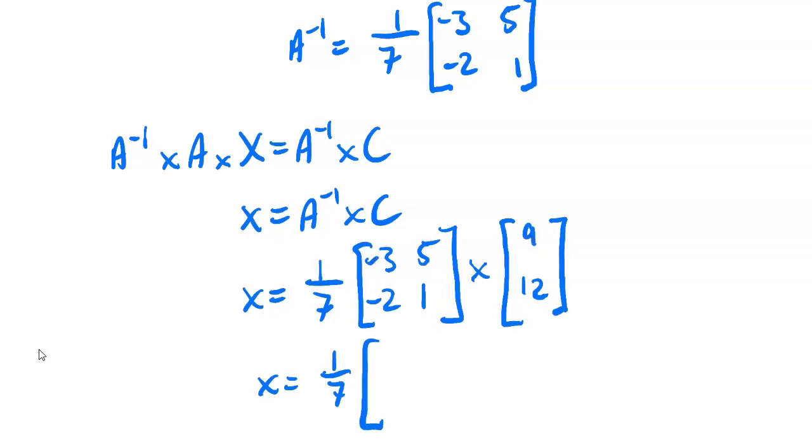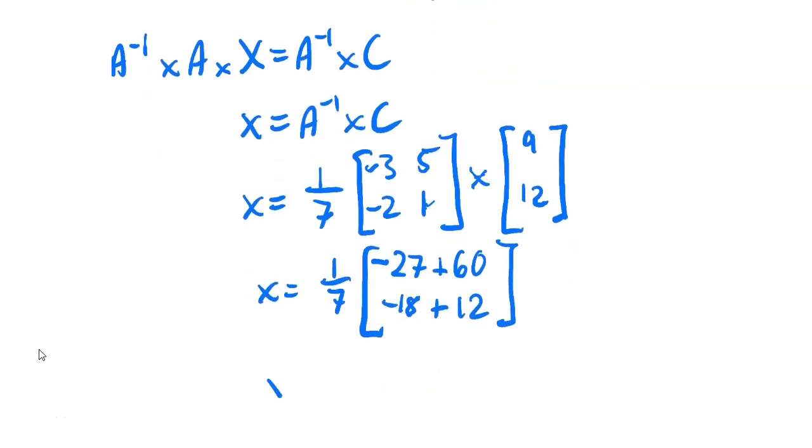So negative 3 times 9 is negative 27 plus 5 times 12, which is 60. Then down here I've got negative 2 times 9, which is negative 18, plus 1 times 12, which is 12. Okay, so X equals 1 on 7.